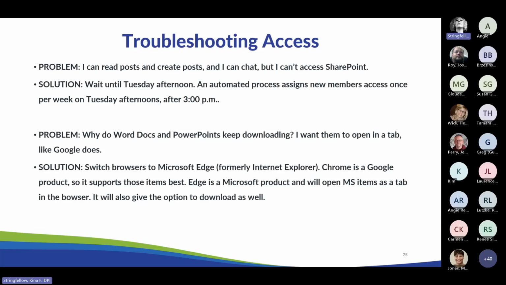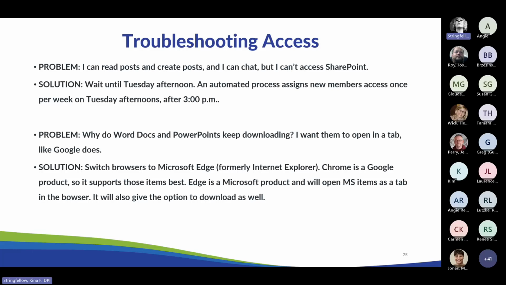Other common things that we receive help tickets on for troubleshooting WISE community is that you can read the posts, you can create posts, you can chat, but you can't access the SharePoint. And this is something I mentioned earlier on, that we're constantly adding new members. We get help tickets every day. And so when external members want to join our WISE community, they get placed on an add me list, right?